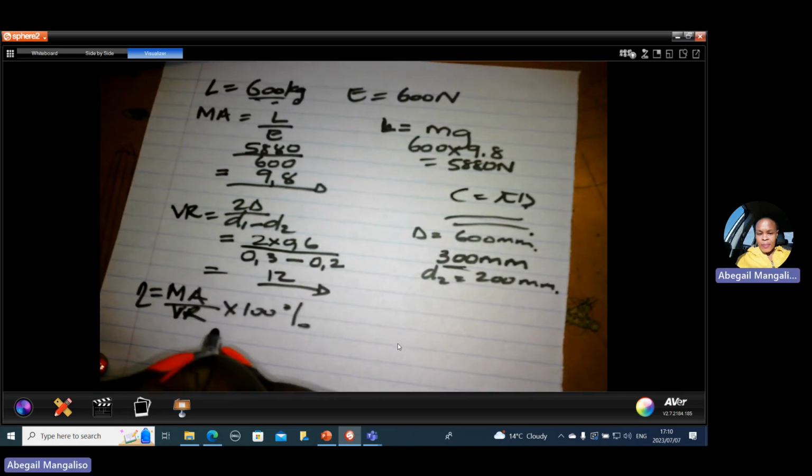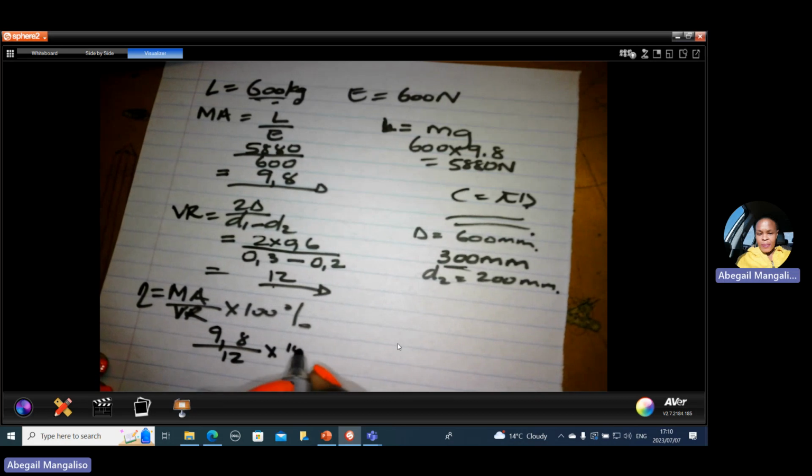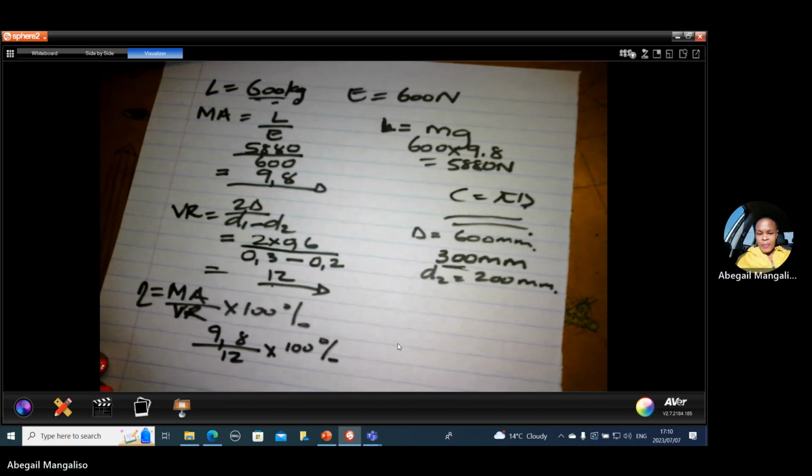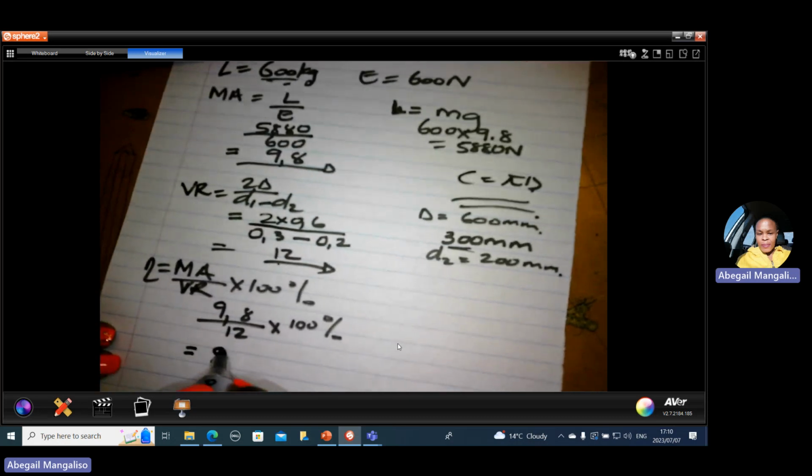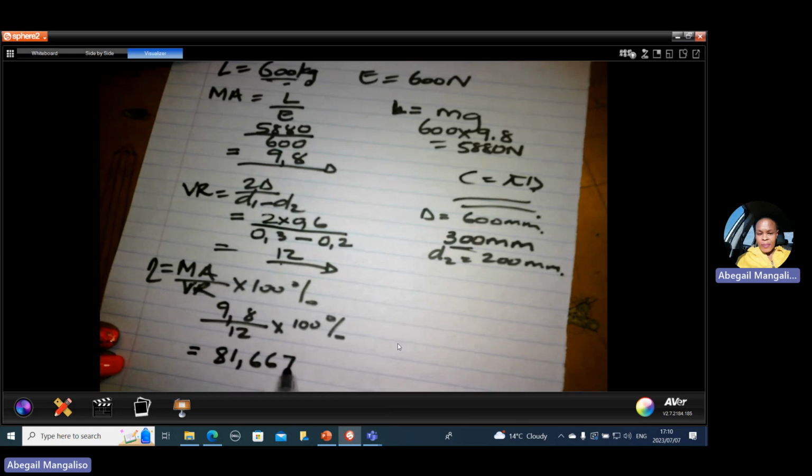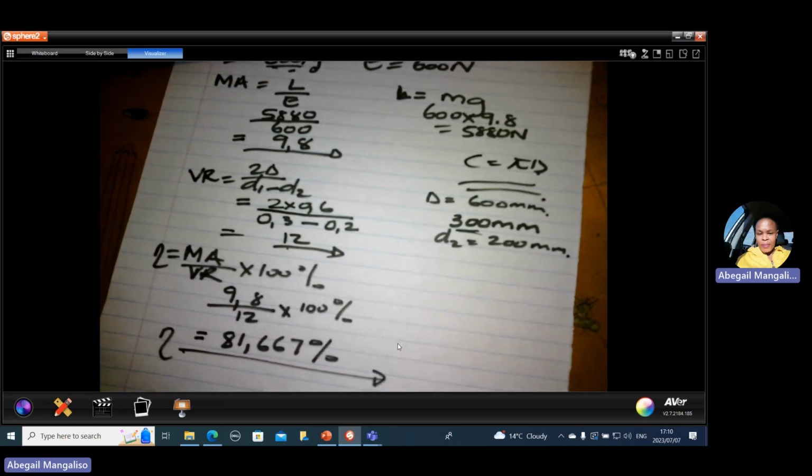MA, we calculated it as 9.8, divided by VR, which is 12, multiplied by 100%. So 9,8 divided by 12 multiplied by 100 is 81,667. Don't insert the percentage symbol, you just multiply by 100 and put it as an SI unit. So efficiency is expressed in percentages.